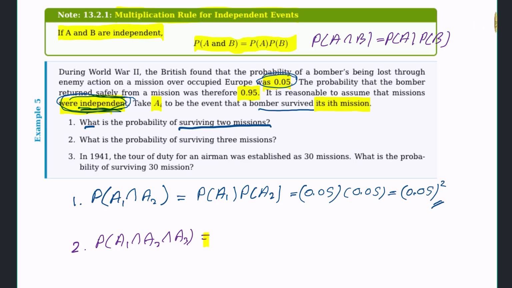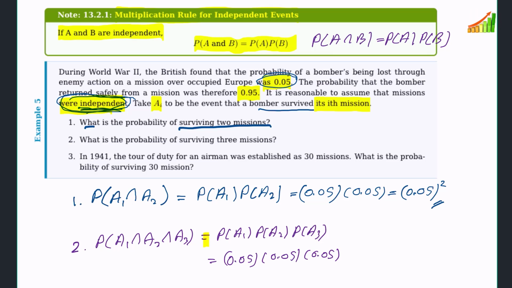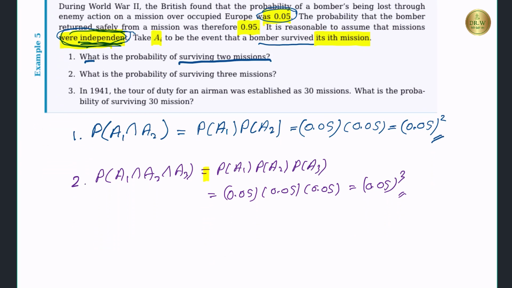So we can use here probability of A1, probability of A2, probability of A3. So we multiply 0.95, 0.95, 0.95. That is 0.95 to the power 3.